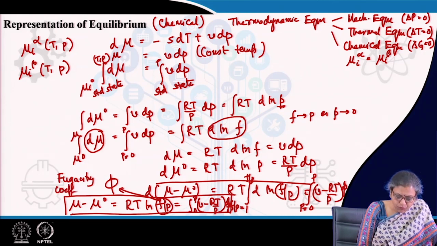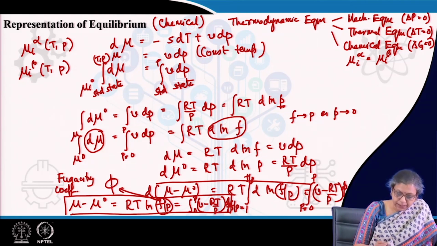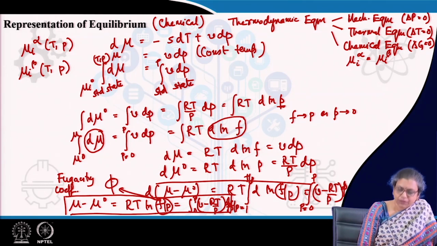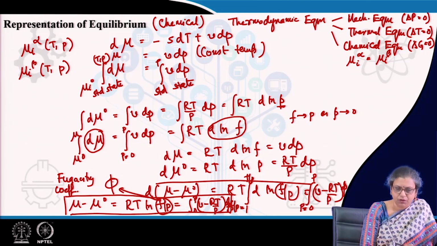And since we know fugacity under some conditions, it was felt that we can replace mu with fugacity, and write down all the things that were written in terms of mu in terms of f.